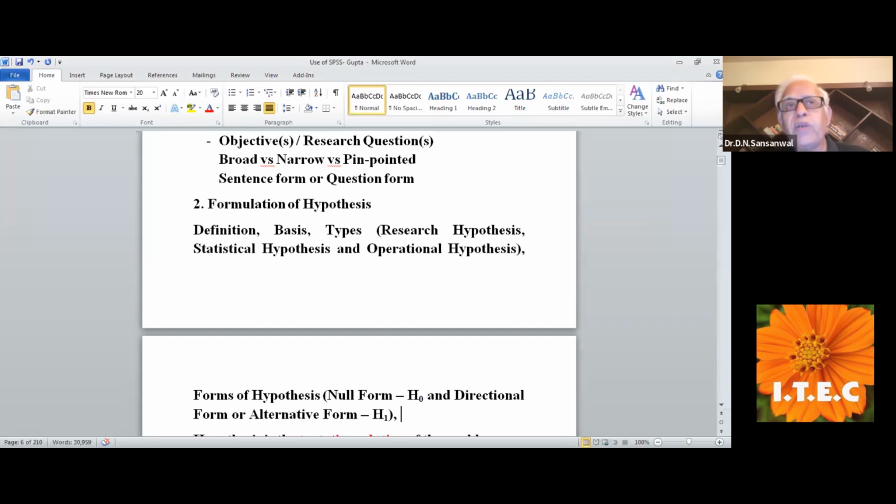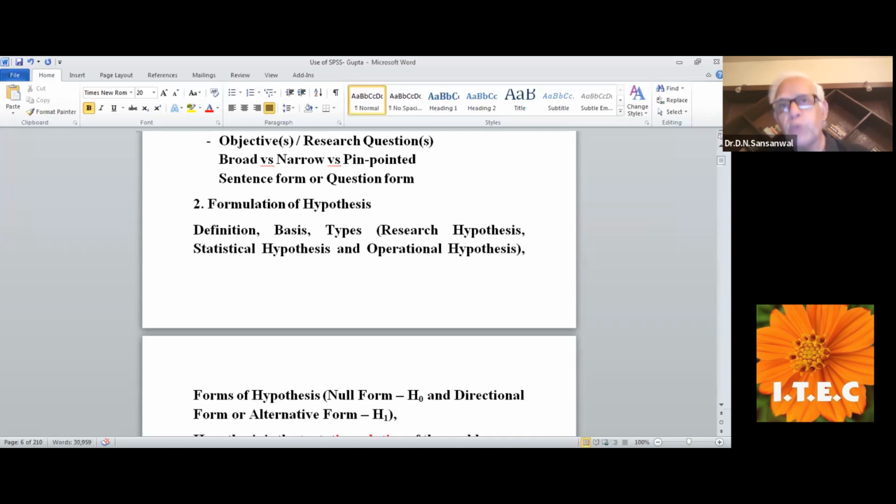So null or directional are the forms of hypothesis. Now, it is up to you whether you want to formulate research hypothesis, statistical hypothesis, or operational hypothesis. It is the sweet will of the researcher.